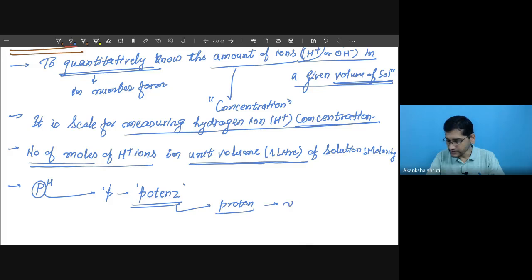Proton is nearly similar to hydrogen plus. When an electron is lost from hydrogen, and hydrogen does not contain a neutron, it becomes identical to the proton.